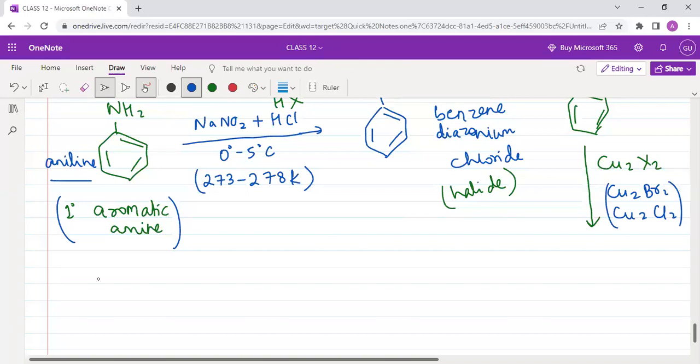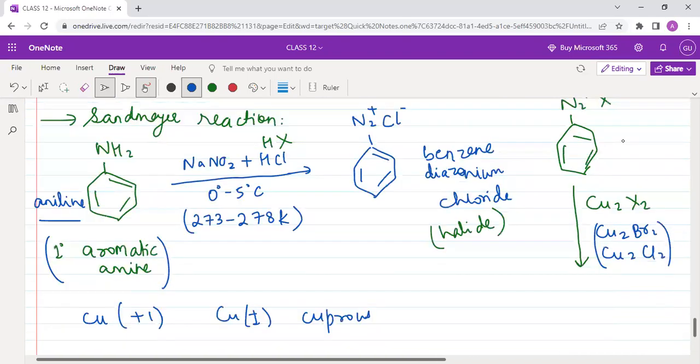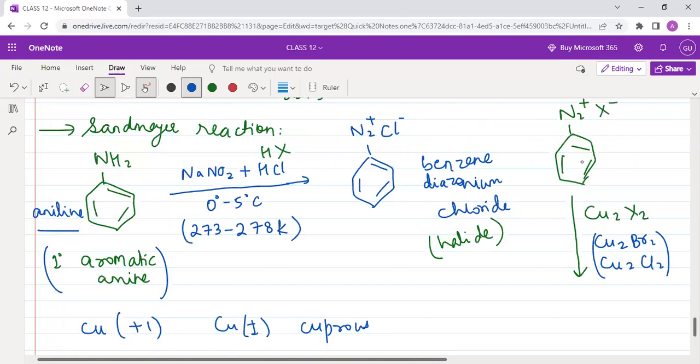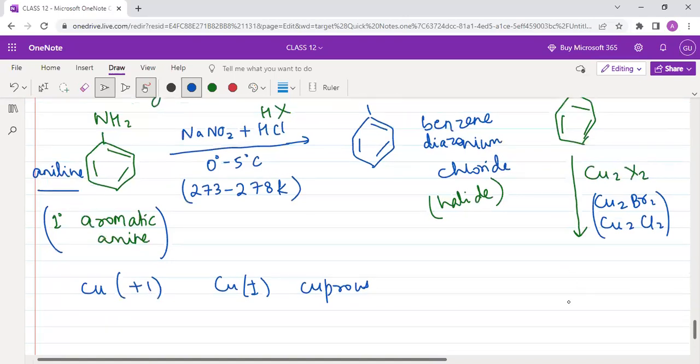Cuprous means that the valency of copper is +1. So in this we can take either cuprous bromide or cuprous chloride. And then this halogen atom X will be attached to the benzene ring. So if you are reacting it with Cu2X2, the N2 plus X minus will be replaced by X. So we'll get an aryl halide.